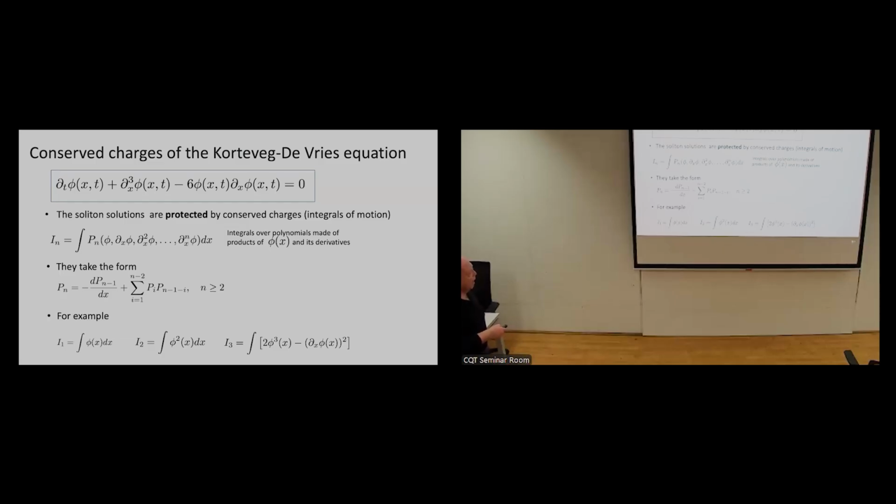Once you have an initial form of phi, evolve it in time, it will still keep its form. So it is an interplay between the linearity, which disperses the wave function, and the nonlinearity, the interaction which keeps it together. And that keeps the form undispersed.